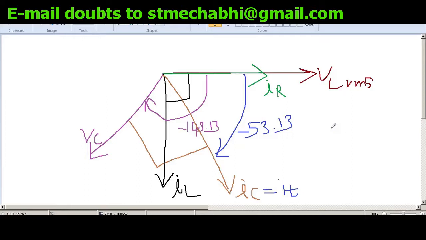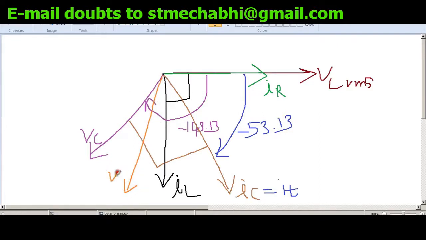One more last thing, the total or resultant voltage. What did we calculate for the resultant voltage? 24.04. What is the phase angle? Minus 118. So let's measure minus 118, and use this color.